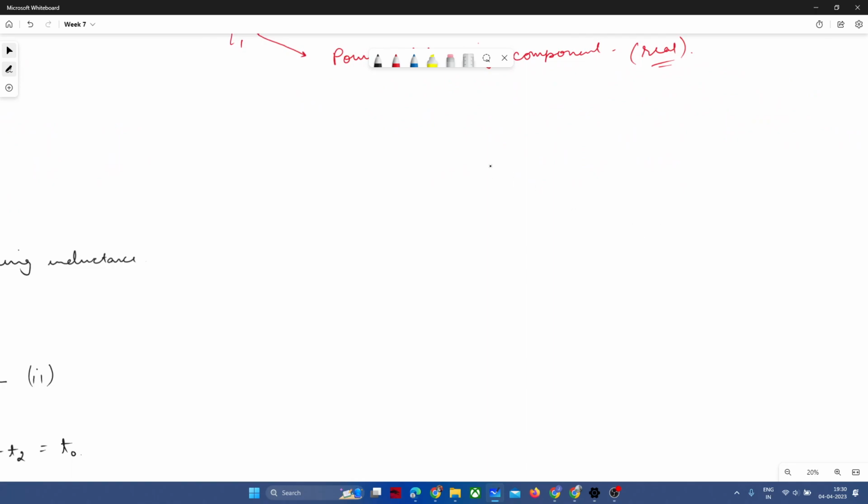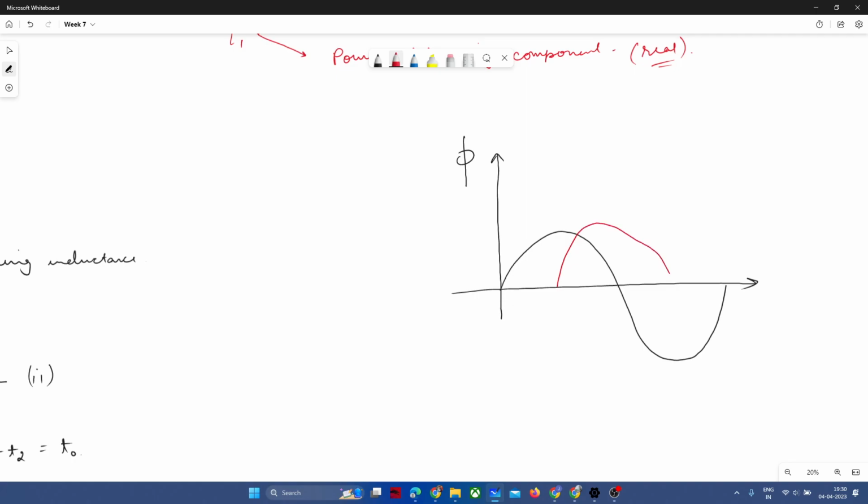But if you see any electrical machine including a transformer, you will see that we want the flux to be desirably sinusoidal in nature. If the flux is sinusoidal, then only the EMF induced will be sinusoidal with a 90 degree phase shift. Hence if the back EMF is sinusoidal, then E by R current will also be sinusoidal, so it will overlap with this kind of waveform.